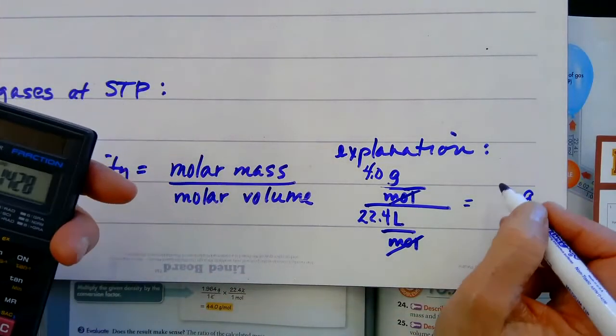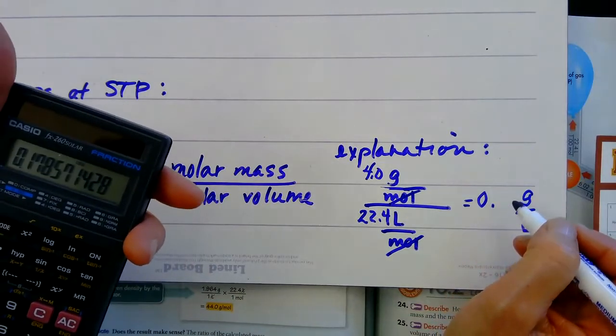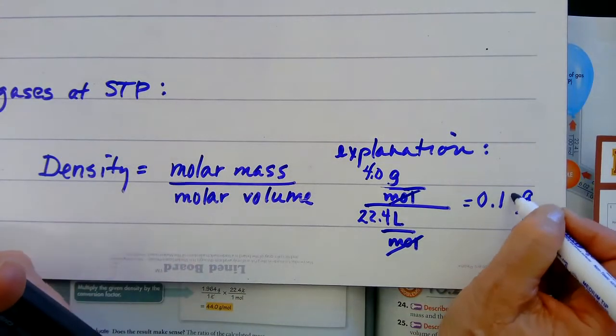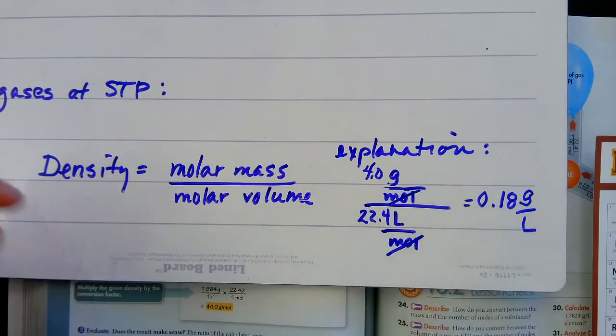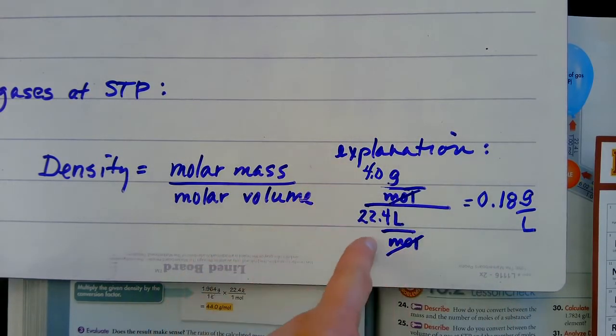And that would give us a value, if we need 2 sig figs, of 0.18 grams per liter, which is the density for helium at STP. So you could solve for the value for any gas at STP if you know its molar mass, and at STP we know that we'll have 22.4 liters per 1 mole.